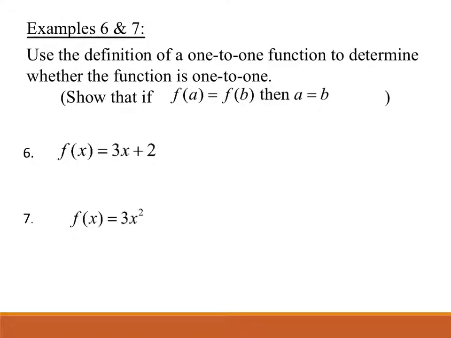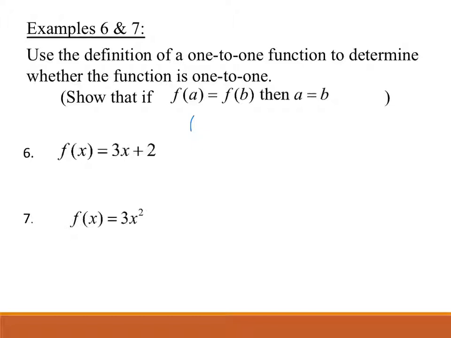Now we're going to use the definition of a one-to-one function to determine whether a function is one-to-one. We're going to show that if f of a equals f of b, then a equals b. So for example, suppose I evaluate example 6 in the following fashion.